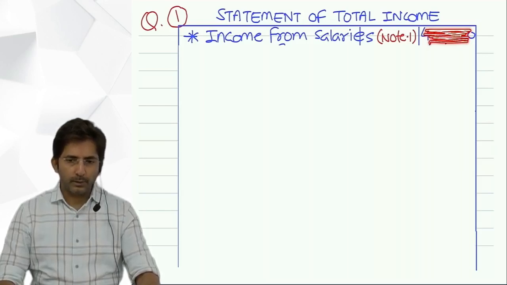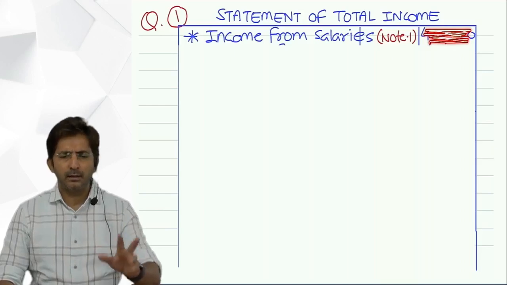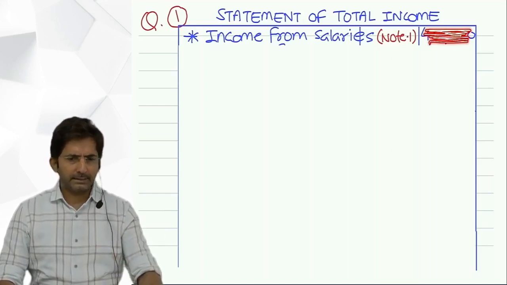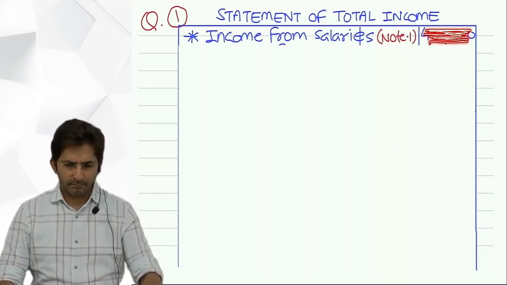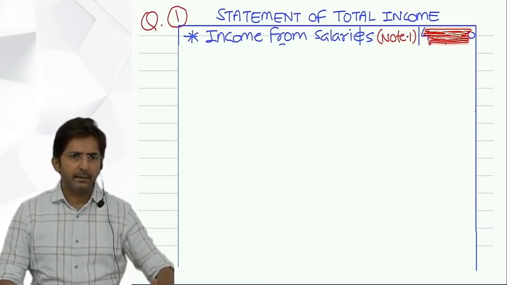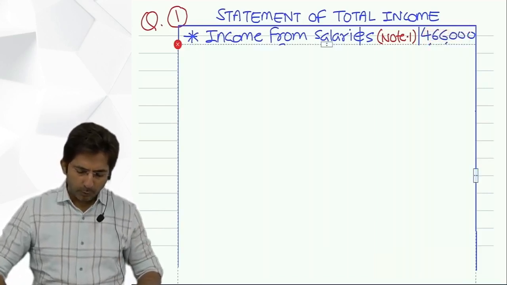Income from house property. Do we have that in the question? No. So even if not there, just write and put a dash or nil. You can write nil also or dash also. In the exam it is not necessary to write, but right now we are writing just for practice and to make ourselves understand that thing headwise. Then house property is not there.